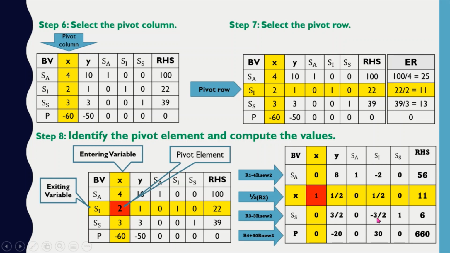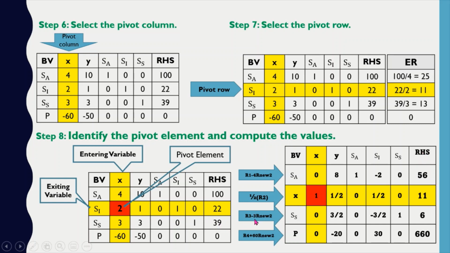Okay. So next, SS, or slack variable for storage space, we have here the value equal to 1. 1 minus 3 times our new value 0, so that is equal to 1.